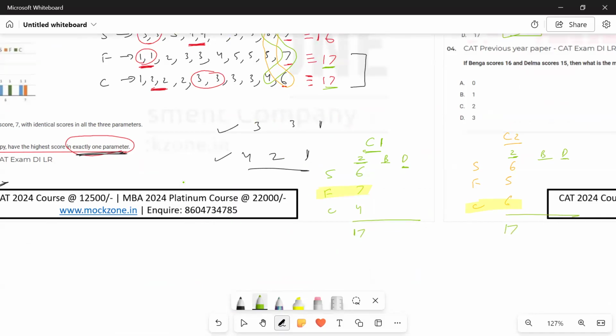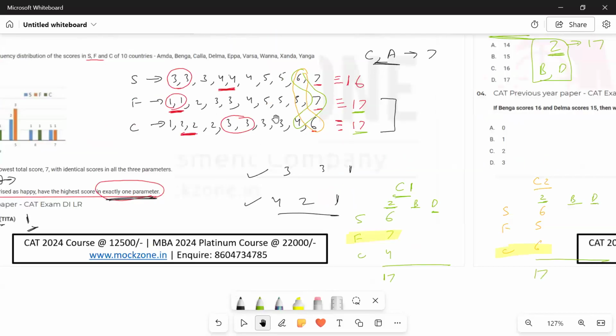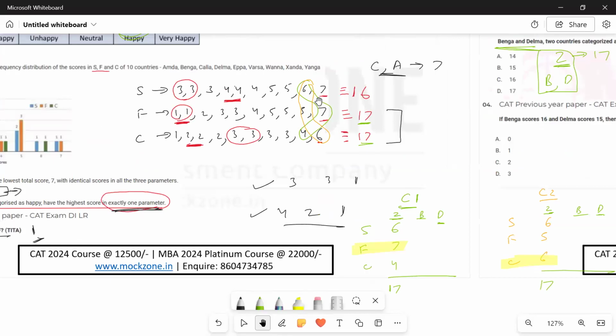So if we talk about case number 1, which is this green case, what will be the maximum value B can have? We know B and D. Let's say B is the one maximizing in S. So what will its score in S be? 7.